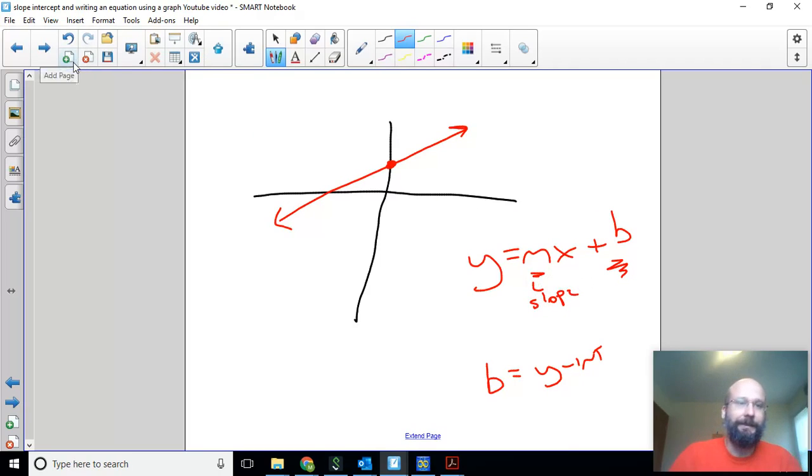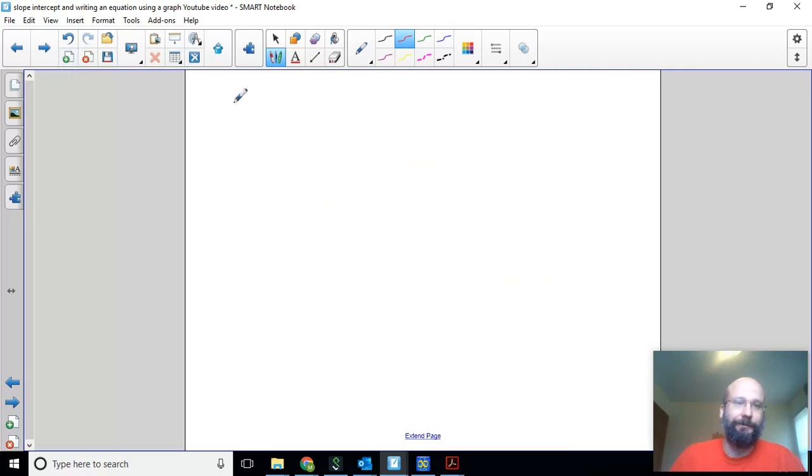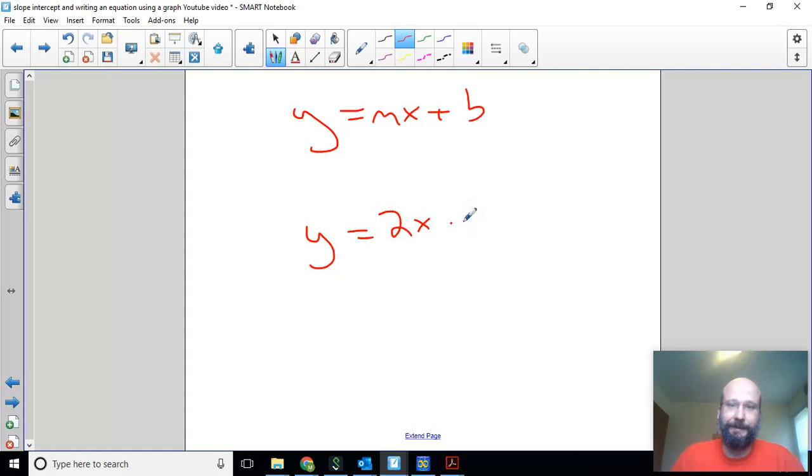So again, as a little review, remember that the slope-intercept form is going to end up looking something like this: y equals 2x plus 4, where the number in front of the x is your slope. So the slope in this equation is 2, and the number by itself is your y-intercept.